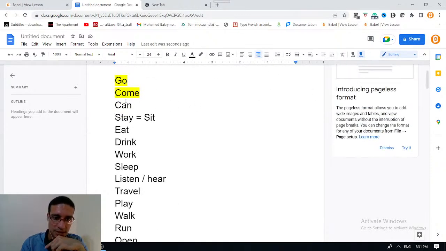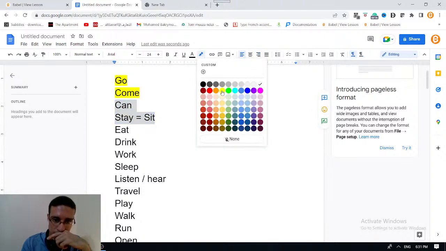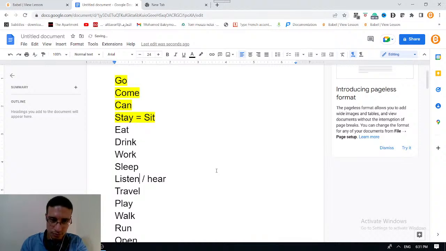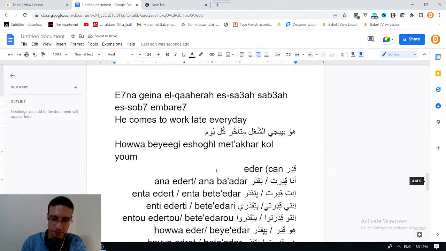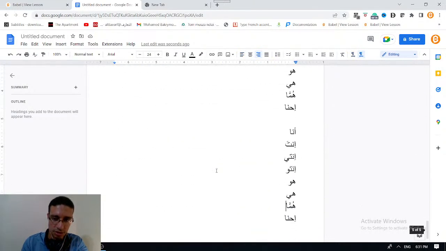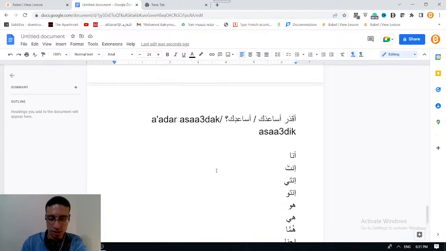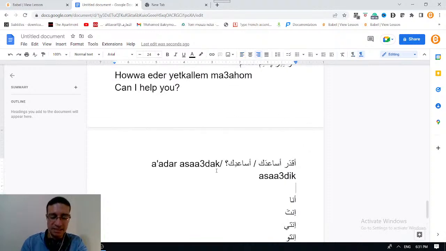So the next one is stay or sit. They are one verb in Egyptian Arabic, in the Egyptian dialect. It's قعد. This is to sit, and also to stay in a place.